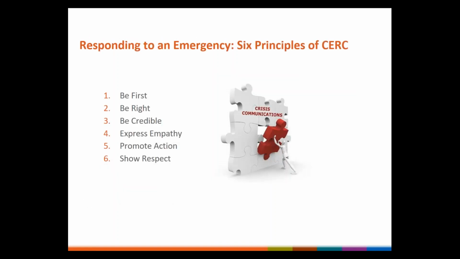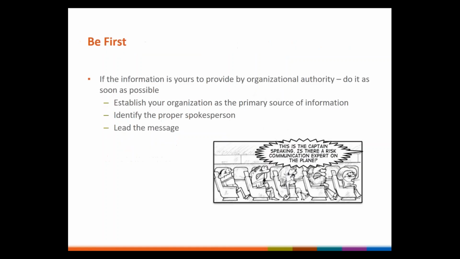And these are those six principles that I mentioned of crisis and emergency risk communication. Be first, be right, be credible, express empathy, promote action, and show respect. And so let's walk through them. So be first. Crises are time sensitive, and communicating information quickly is almost always important. For members of the public, the first source of information often becomes a preferred source.